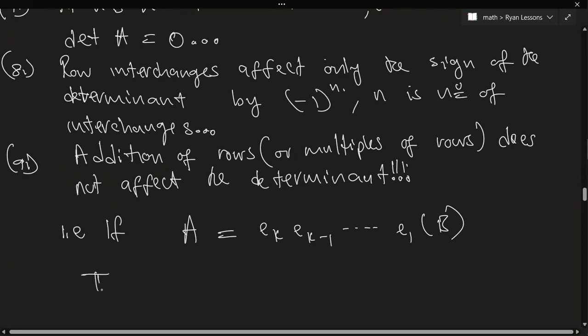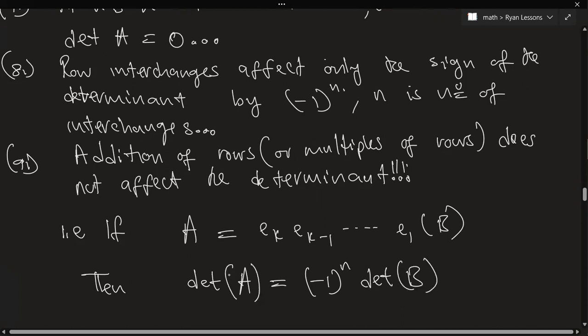then determinant of A is equal to (-1)^n times determinant of B. So we can generalize all this in one line like that. It simply means that if none of these operations are interchanges, then the factor is stripped off, and the determinant of A and determinant of B are the same.